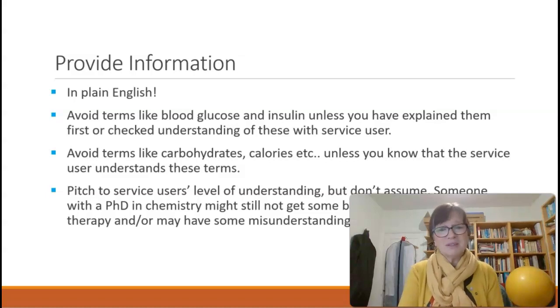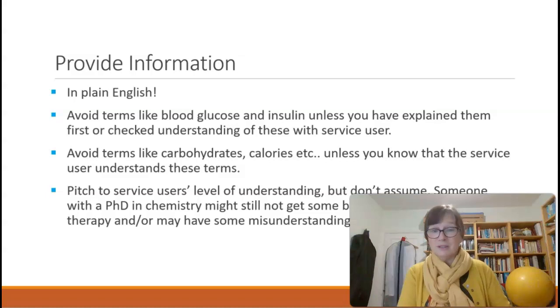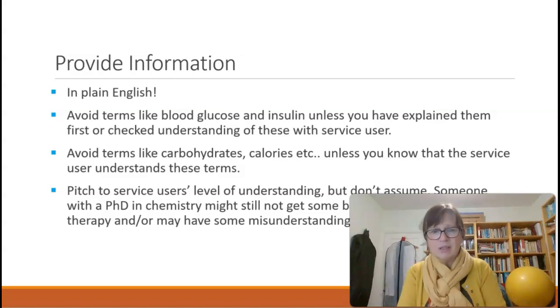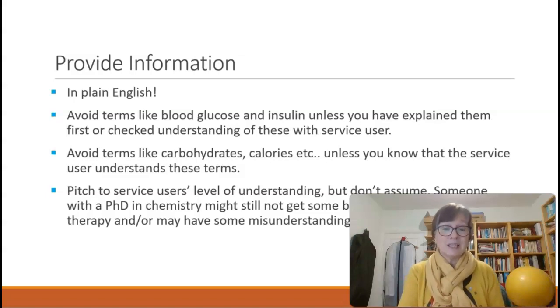Calories. Yes, most people understand what calories are. But does your service user understand them? So be careful in what you use. So if you're going to use carbohydrates, talk about starchy foods like potatoes and rice and pasta, or sugary foods like biscuits and sweets and chocolates. You're putting it into a way that your service user is likely to understand.